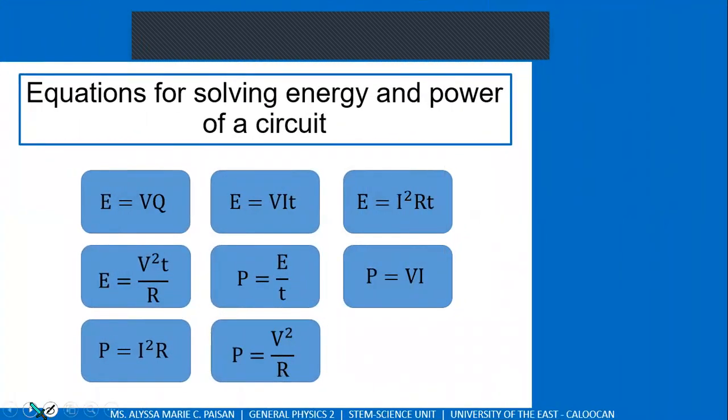So now let's proceed to the equations for solving energy and power of a circuit. Notice that in solving for the energy, instead of work over work, pareho palang work yun. Instead of the usual equations that we've learned in the past lessons, dito, naka-express siya in terms of voltage, in terms of charge, in terms of current, and in terms of resistance.